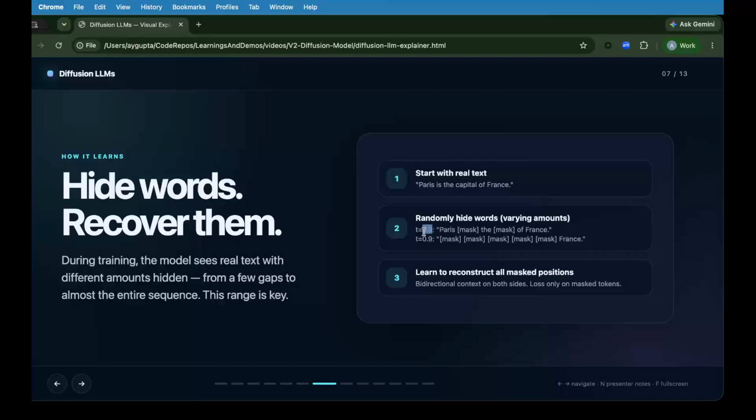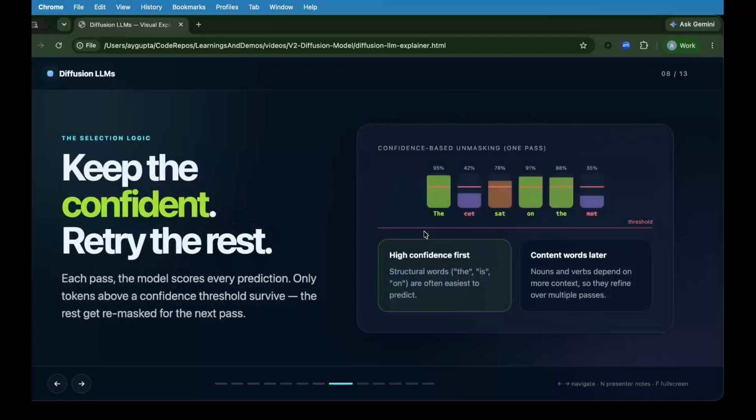For different values of T, the model is trained so that it can predict the complete sentences by itself. This is the same concept: we only keep the confident ones and reject the ones with a low confidence score, so we mask them again.